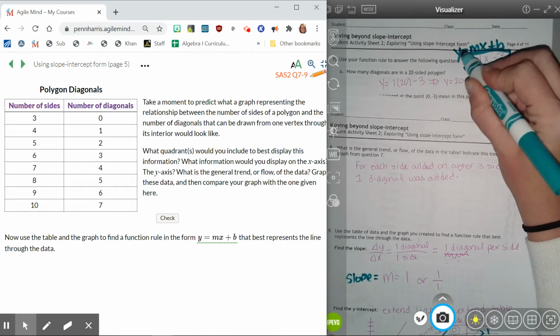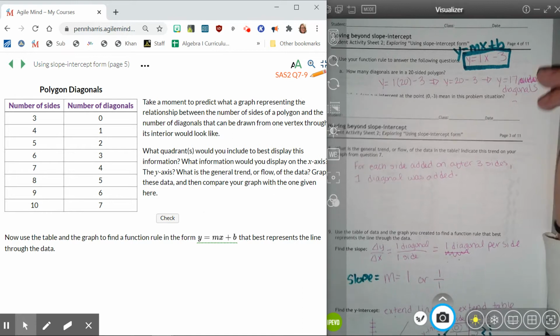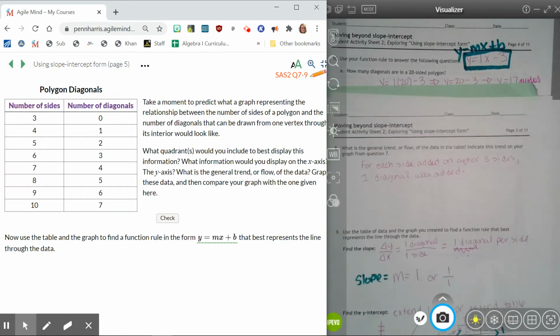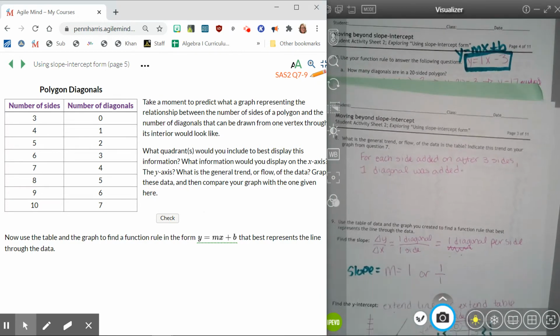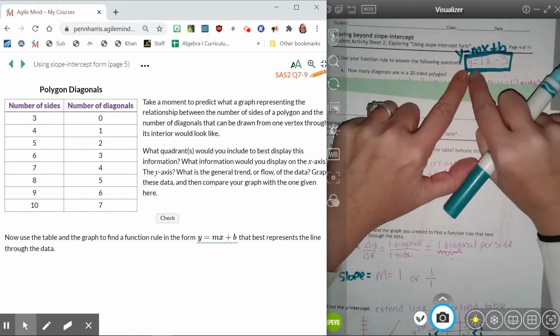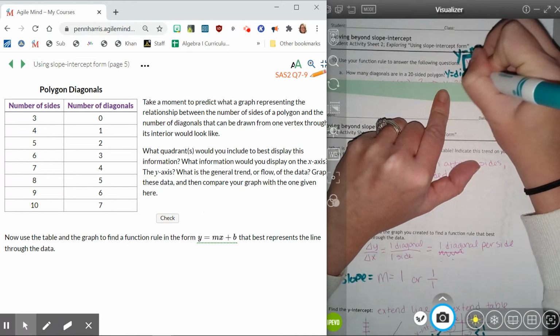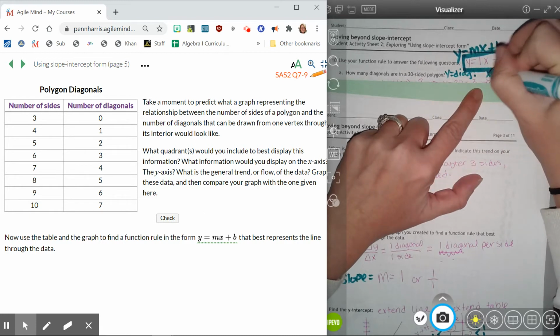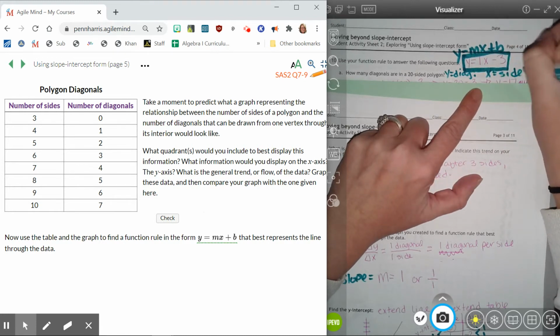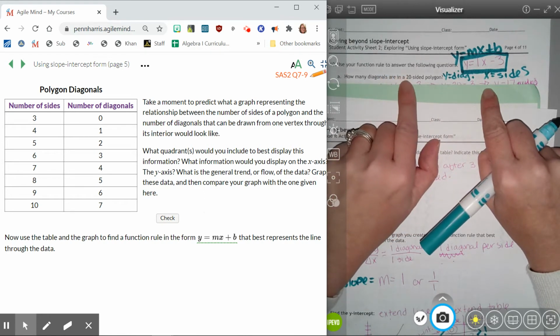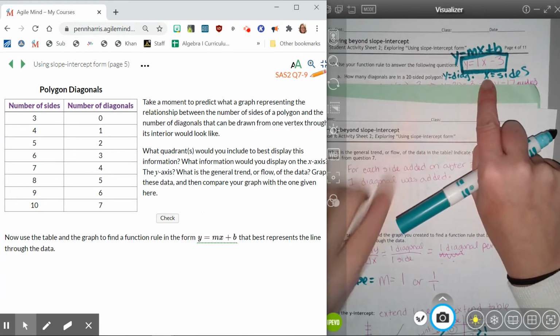So now they ask us, how many diagonals would be in a 20-sided polygon? Okay, so what I did here, using my rule, if you remember, y stood for diagonals, and my x stood for sides. So what I did was they said 20-sided, so I took that 20 and I plugged it into the x value because x stands for sides.